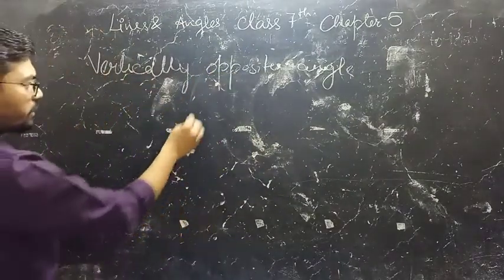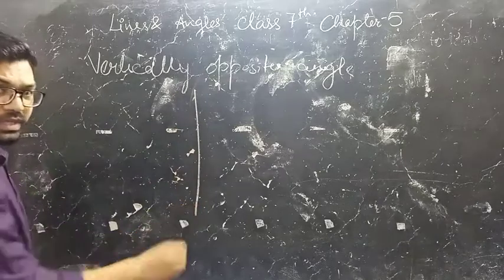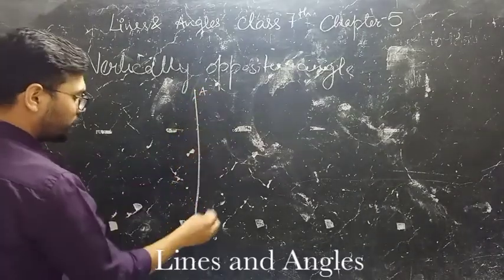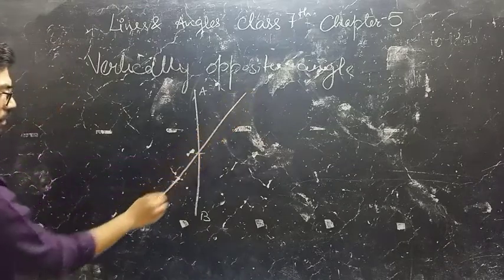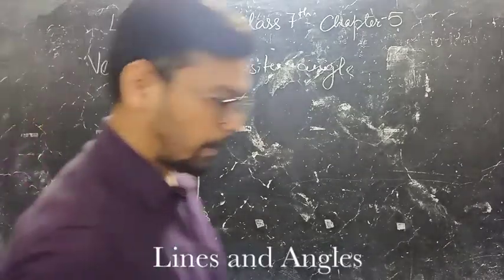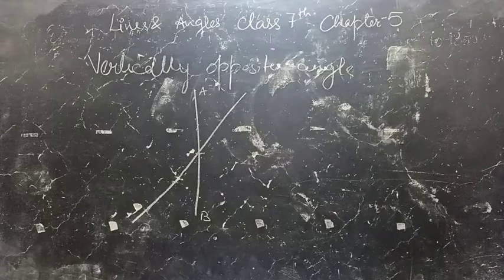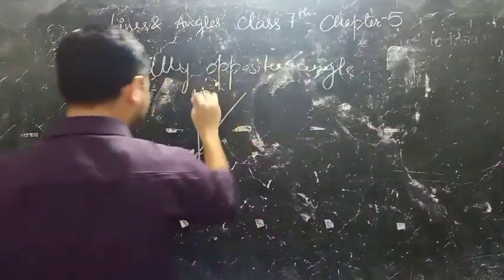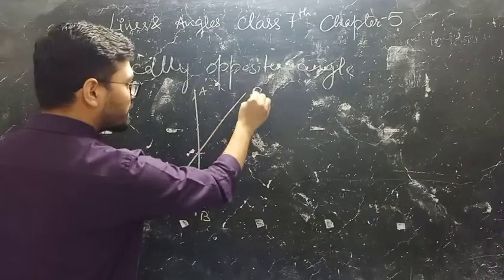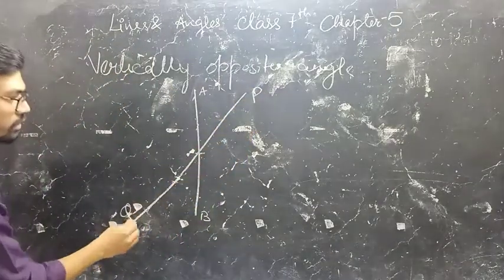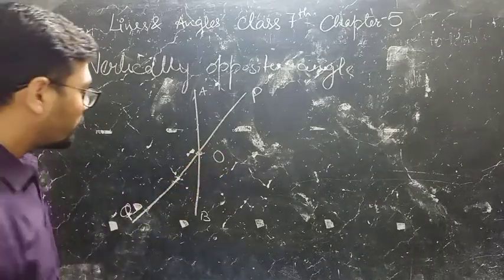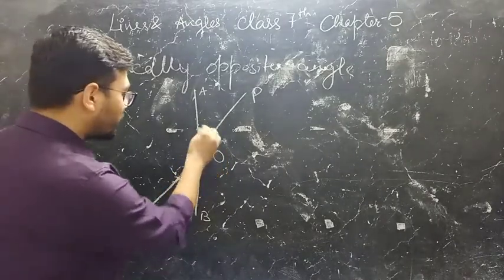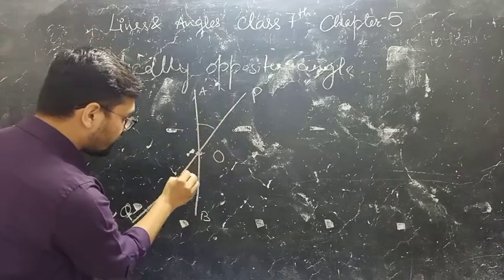So let's say you have a line segment AB, then there is another line segment PQ, and they are intersecting at point O.